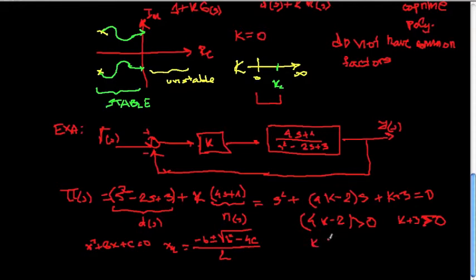This yields that k is greater than 1 by half, and k is greater than minus 3, okay, which if we place on the axis, for k greater than 1 by half, we have 1 by half, because all k's which are greater than 1 by half and k greater than minus 3 are all of that, where this is minus 3.